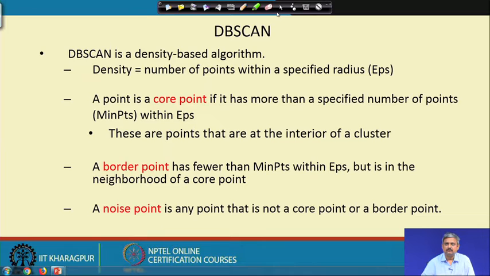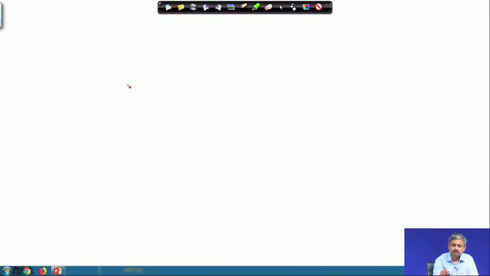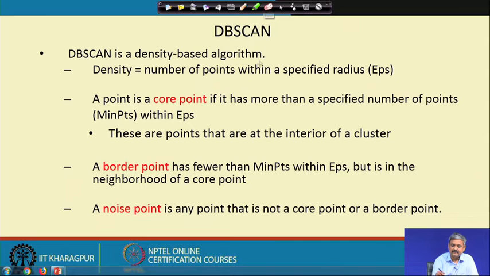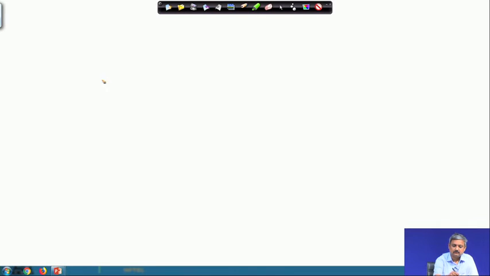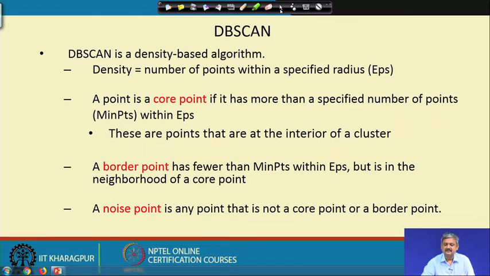How do you define density? You define density as points within a specified radius of the given point, that is the density.